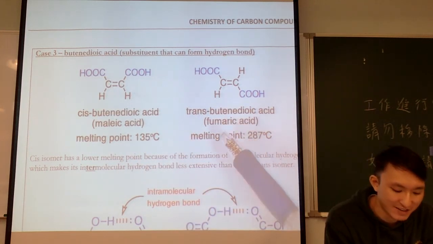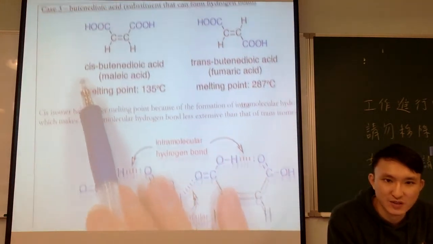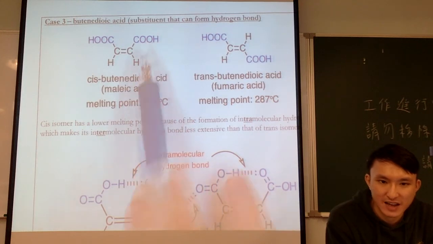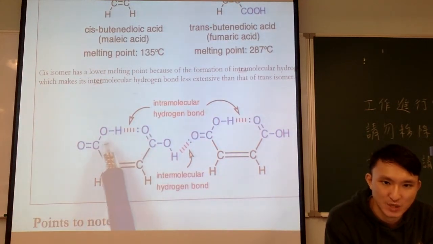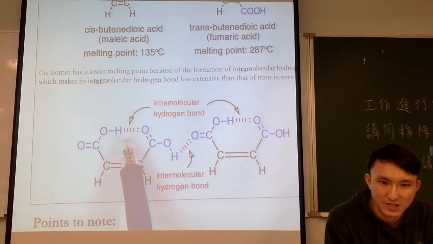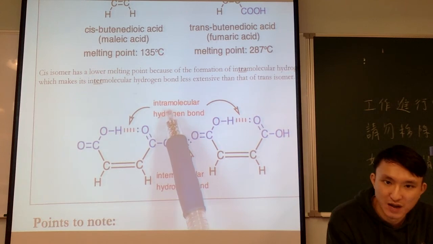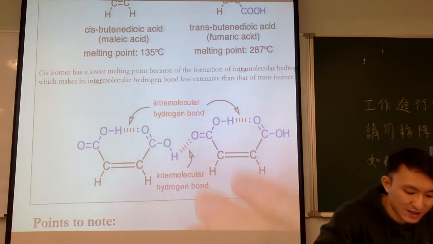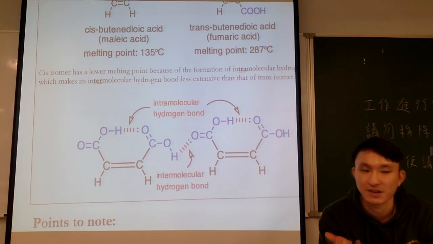Now it turns out that there is a very interesting situation where when the 2 carboxyl groups are on the same side, they will form a hydrogen bond between the 2 carboxyl groups. So this is what we call an intramolecular hydrogen bond. Usually we say intermolecular hydrogen bond because the force is between 2 molecules, right?